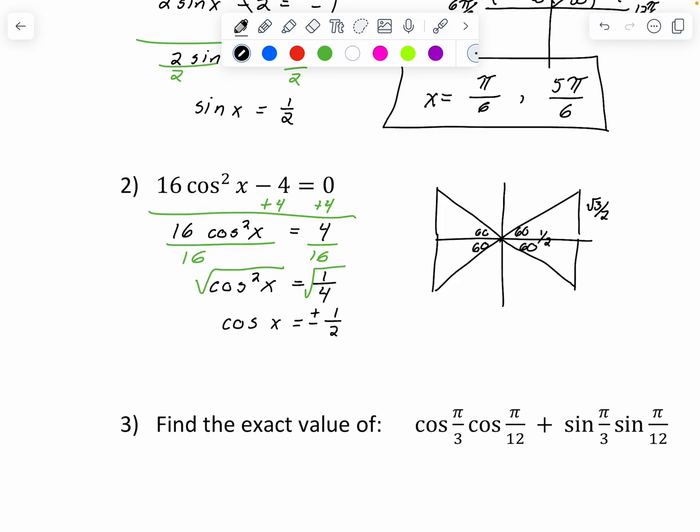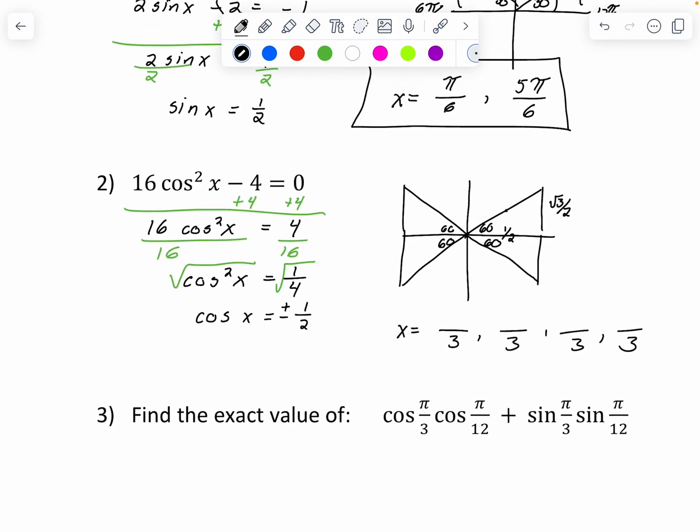That means that my 4 answers that I'm going to get are all going to be over 3. So then I just need to figure out what those are. Well, in the first quadrant, this is just going to be pi over 3. In the second quadrant, that's going to be 2 pi over 3, because halfway around would be 3 pi over 3.